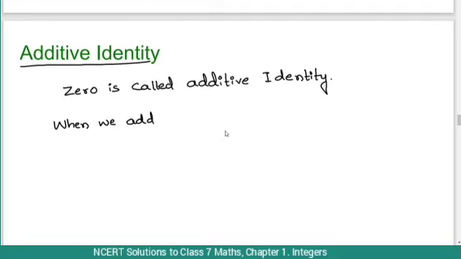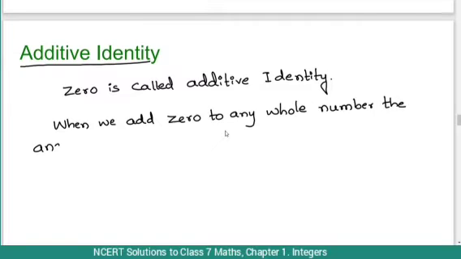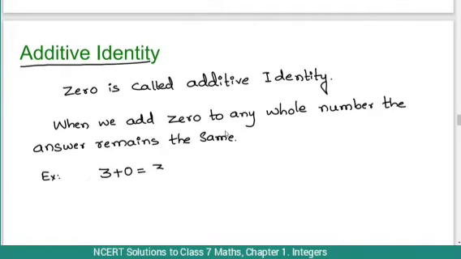Even for integers, 0 is called an additive identity. When we add 0 to any whole number or an integer, the answer remains the same. So example, 3 + 0 is equal to 3. 0 + 4 is equal to 4. 0 − 4 is equal to −4.